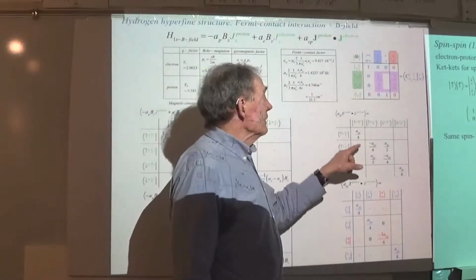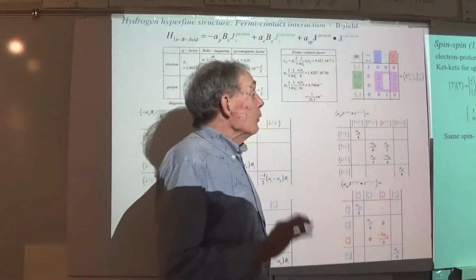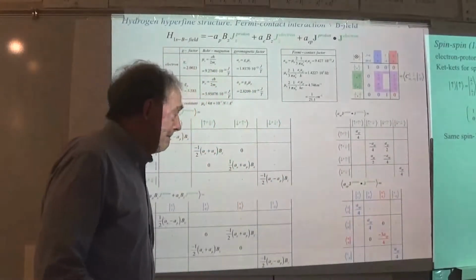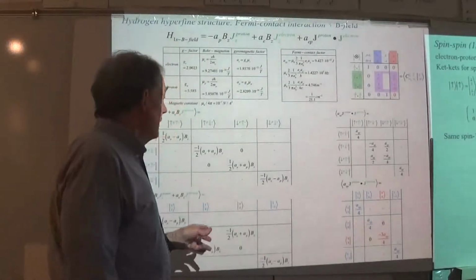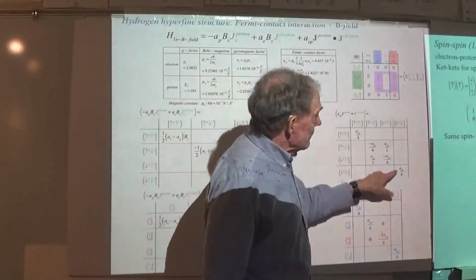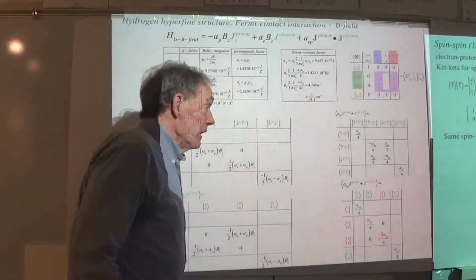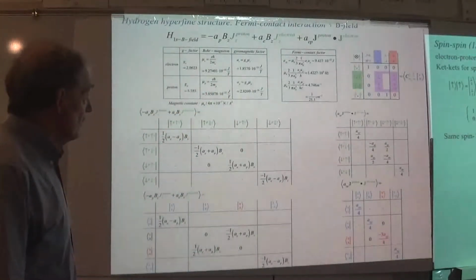That's not too surprising. And then we get the up, up and down, down actually showing there with the same energy. Then the magnetic field can go and work on that. That means you're going to add all of these coefficients here to the diagonal, and you'll have an avoided crossing of levels, which we'll show in just a minute.